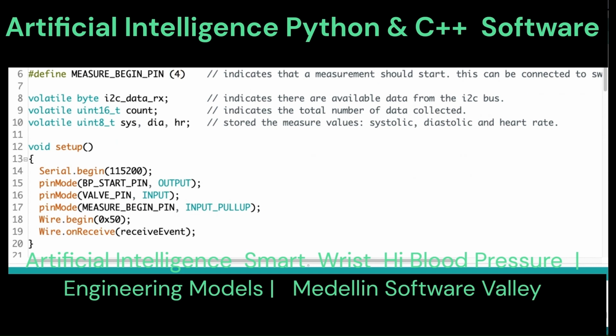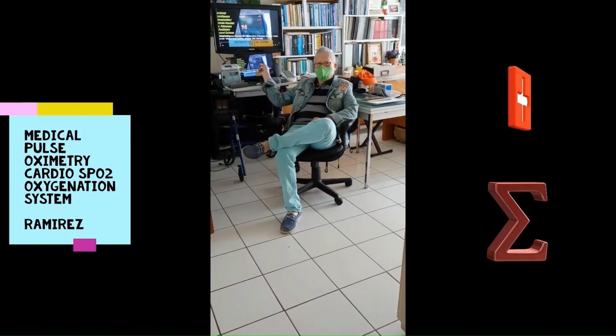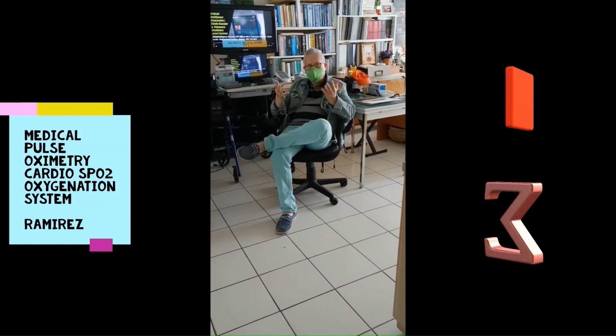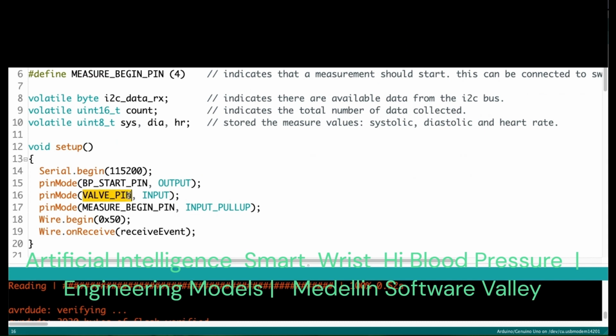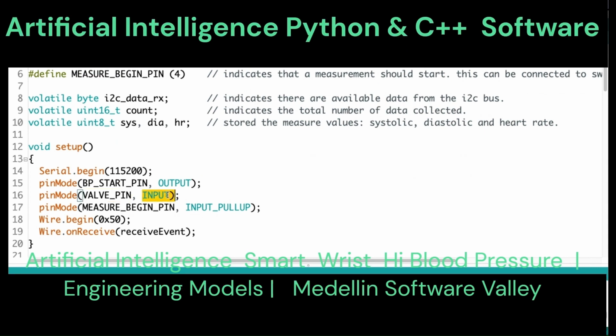Next, the valve will automatically open and the pressure on the cuff will slowly drop. As the pressure drops, the cuff presses less strongly on the blood vessels as well. When the pulse occurs for the first time, the pressure on the cuff will change slightly and the pressure changes will be detected by the sensor, which will then be processed by the main neuromorphic RISC architecture as systolic pressure.